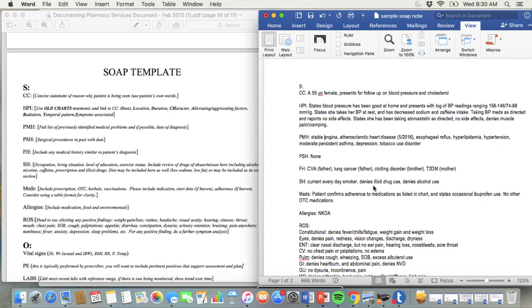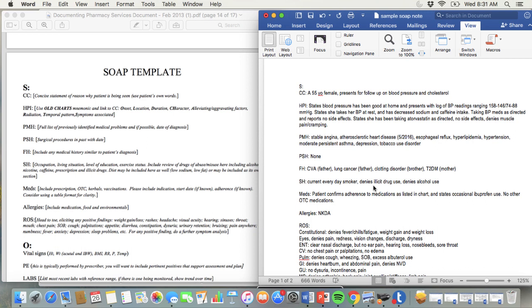The medications, if they are from the chart or the EMR or the pharmacy med list, go in the objective section. Remember, anything provided by the patient goes into the subjective section, and things that you find from the chart are more objective.